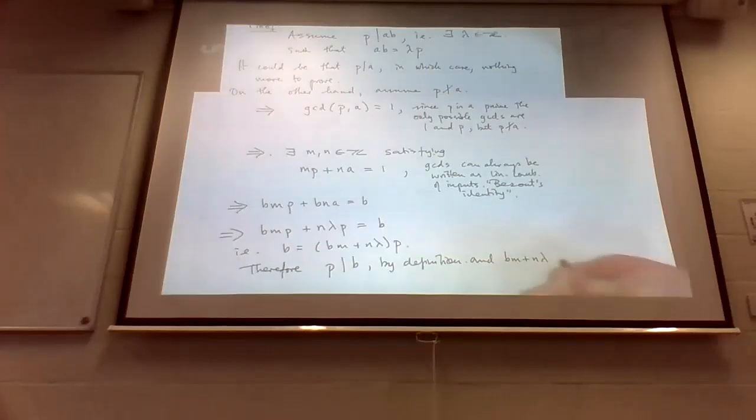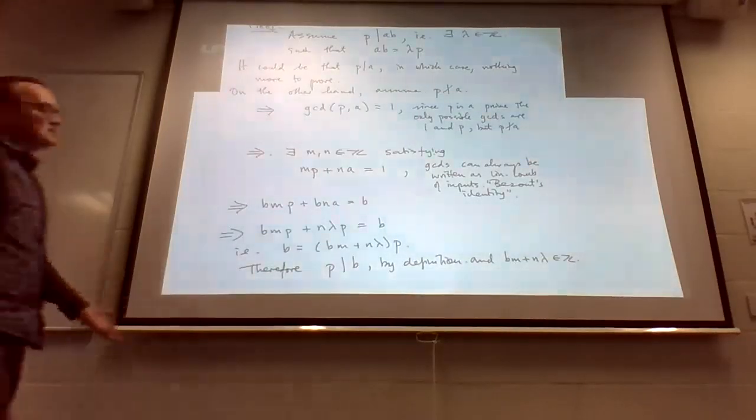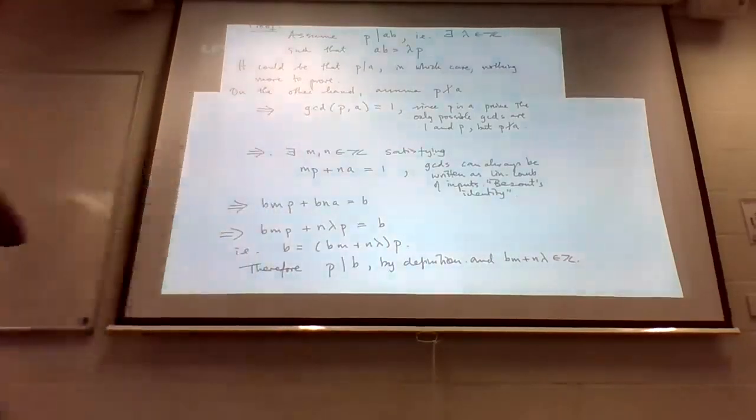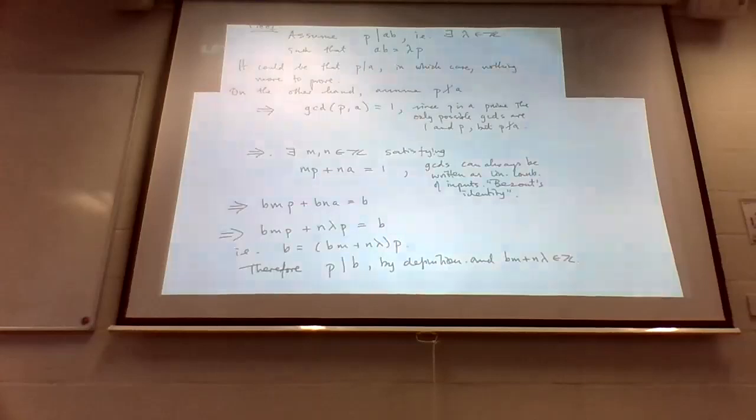If you want to be super pedantic, you could say that that's an integer. It's clear it's an integer because all the ingredients B, M, N, lambda, if you look above, came to us as integers.